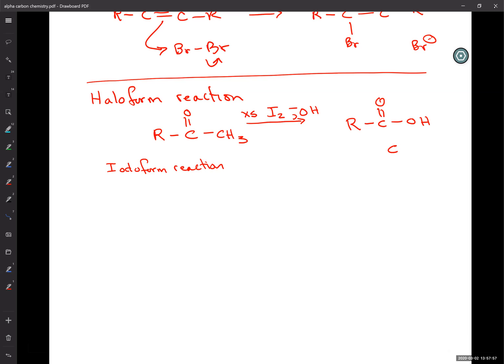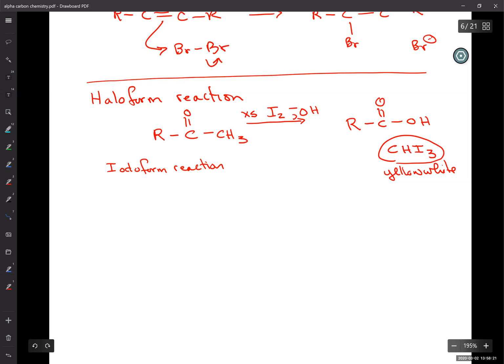Let's see, CHI3. It turns out CHI3 tends to precipitate out of the solution. It's a yellowy solid, yellow, white.